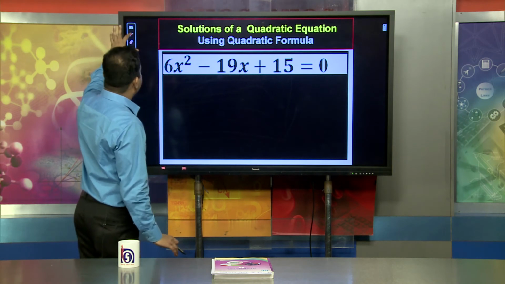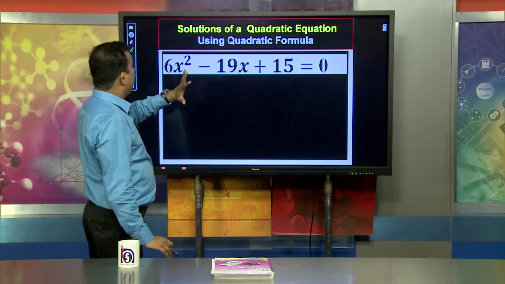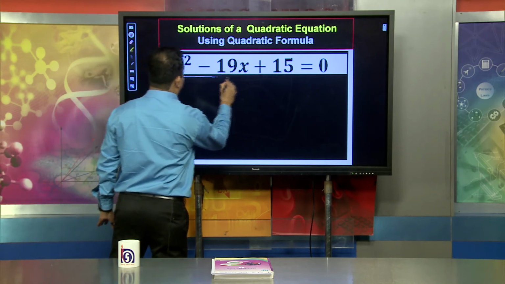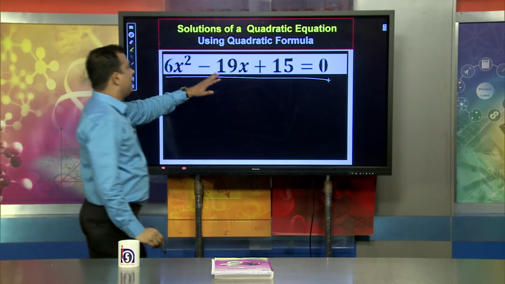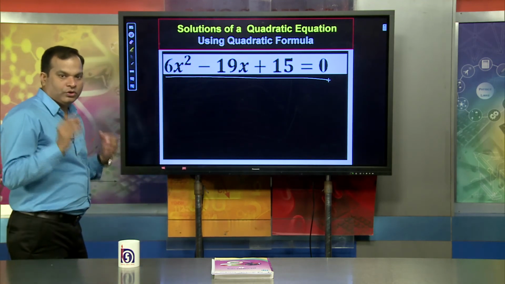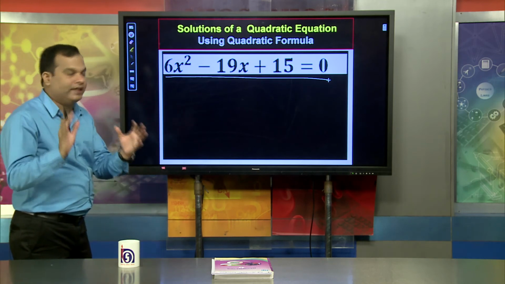This is a quadratic equation, 6x square minus 19x plus 15 equal to 0. How do we solve it through the quadratic formula?